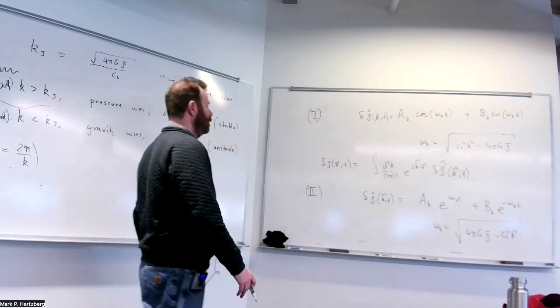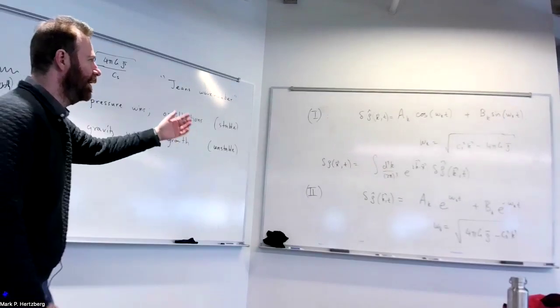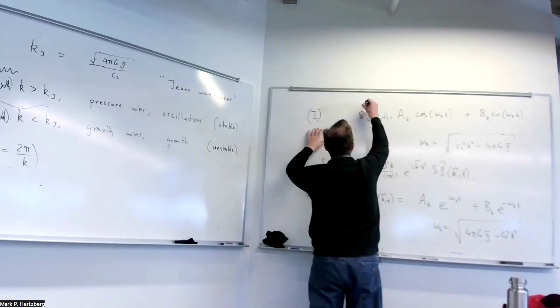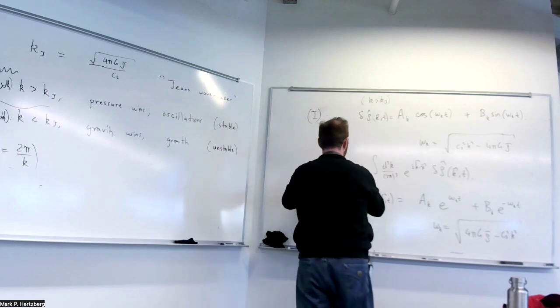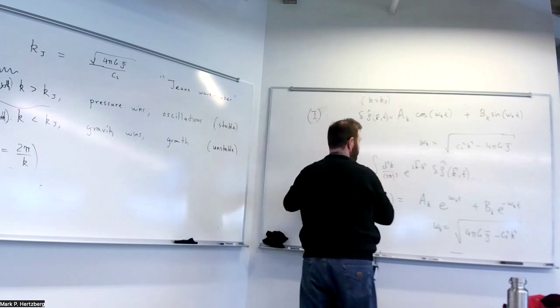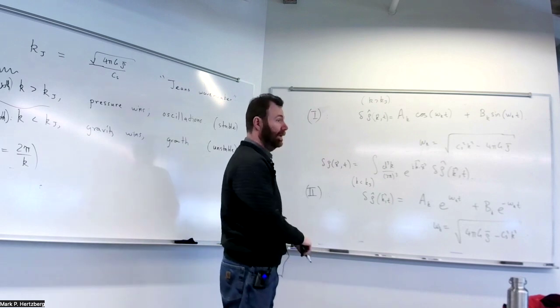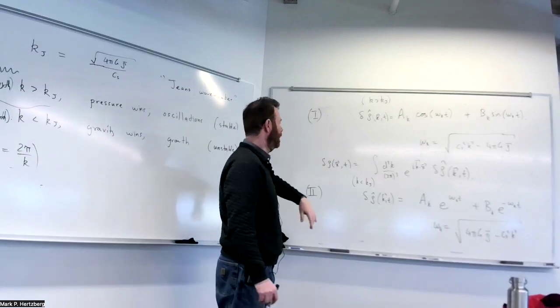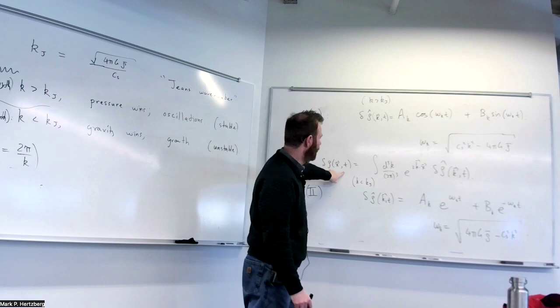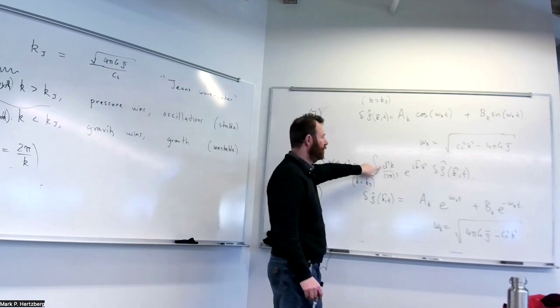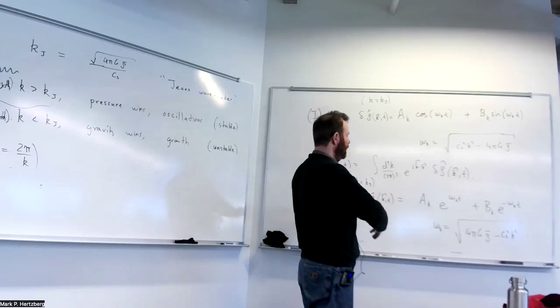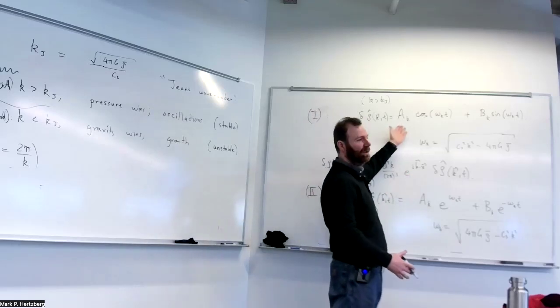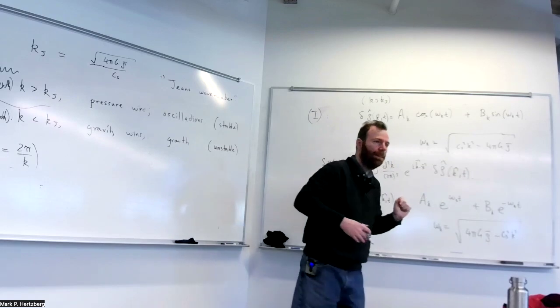Okay, well, really the full solution, we should just combine the two, right? So this is what we do for k greater than k_Jeans, and this is what we do for k less than k_Jeans. So you have to put it all together. When you do the Fourier transform, which is an integral over all k, you should split it into two pieces, the k less than k_Jeans bit and the k bigger than k_Jeans bit, and sum all that up.